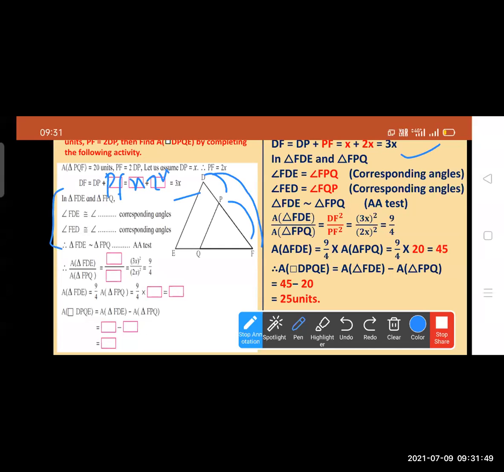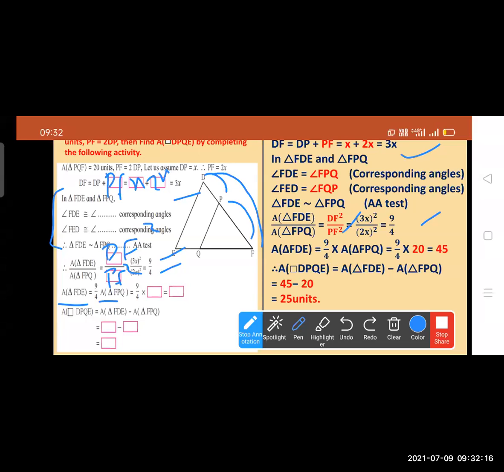If these two triangles are similar, then we take the ratio of the areas as the square of their corresponding sides. So we take DF square divided by PF square, x square gets cancelled, and we get 9/4. Third, area of triangle FDE is equal to 9/4 times area of triangle FPQ.